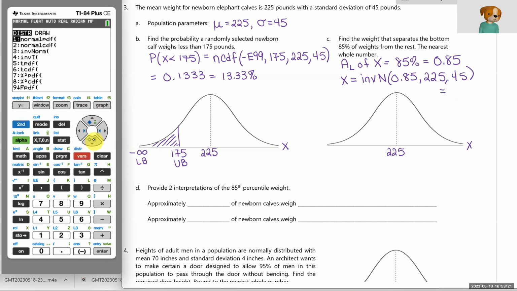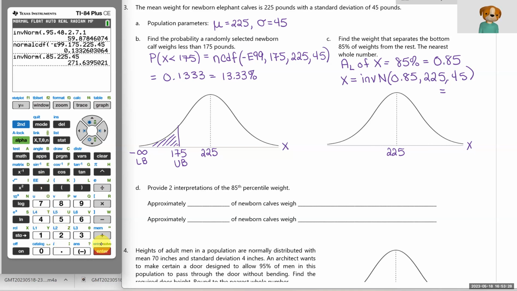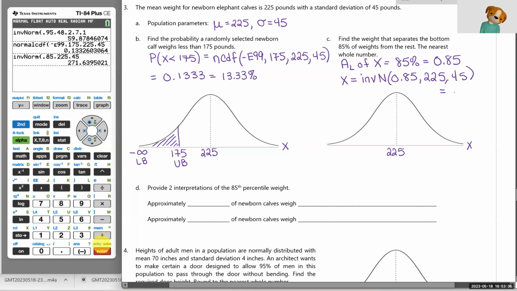All right, so inverse norm, 0.85, 225, 45. And we said round to a whole number, so we'll go 272 pounds. I'll be interpreting that in a moment. So let's see if this answer makes sense. If that's 225, 272 would be to the right of that. And the area to the left of that is 85%.